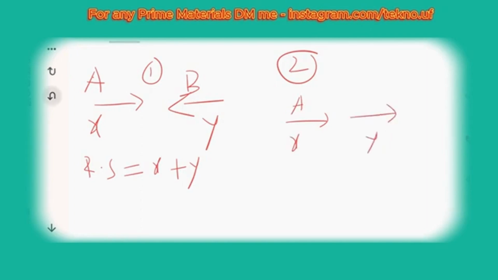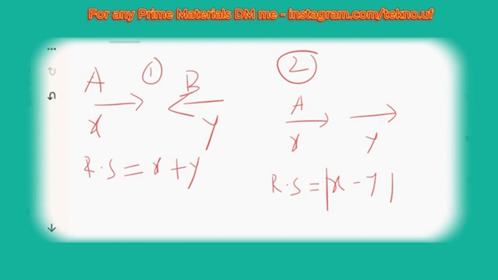In this case, the relative speed will be the modulus of x minus y, whichever is greater. Just assume that the person who is ahead has speed 0 or static. That's the way you calculate the relative speed.